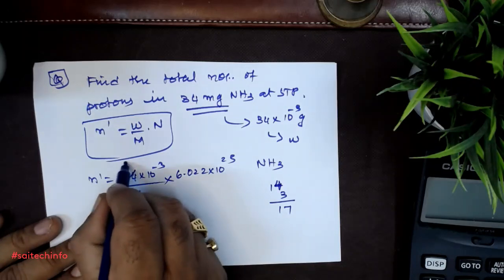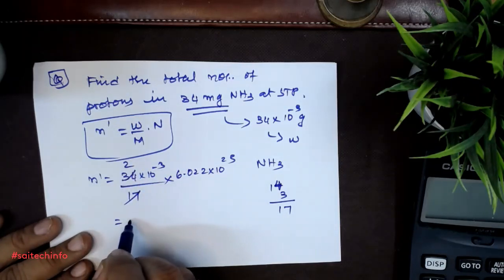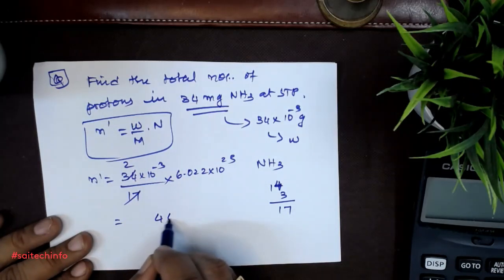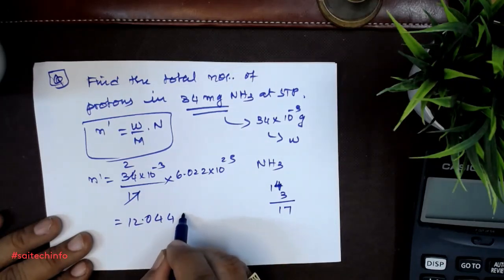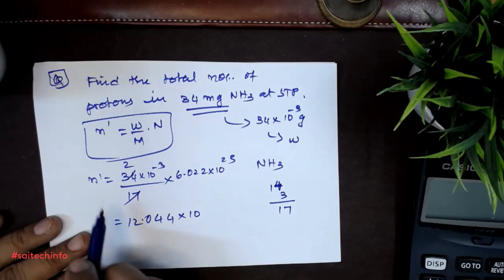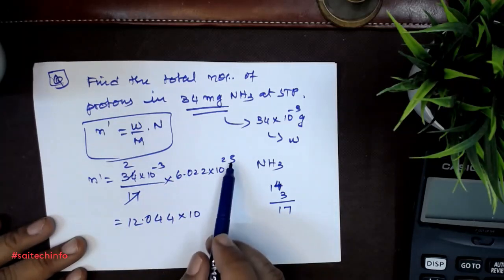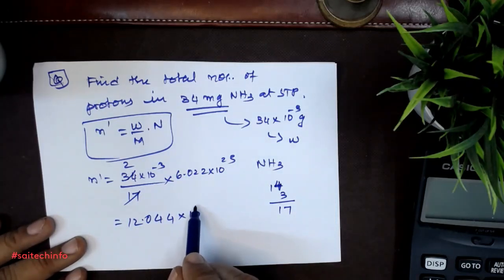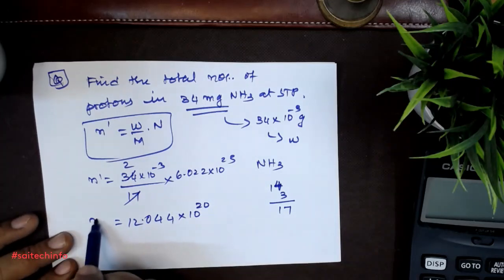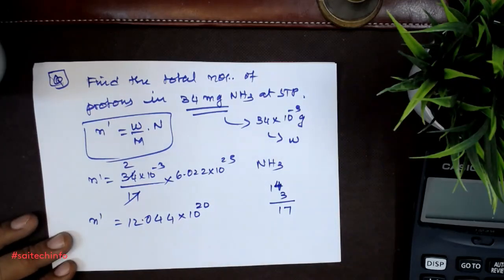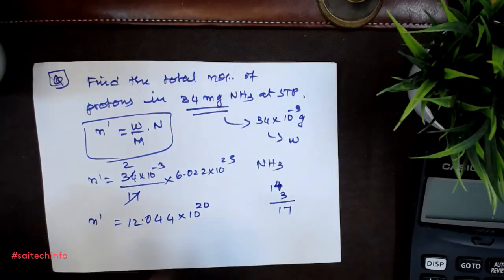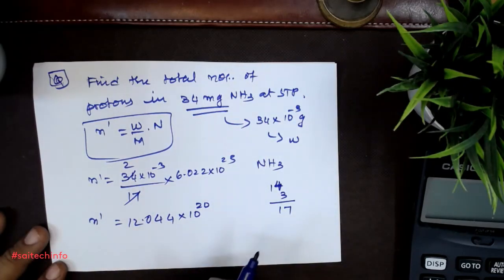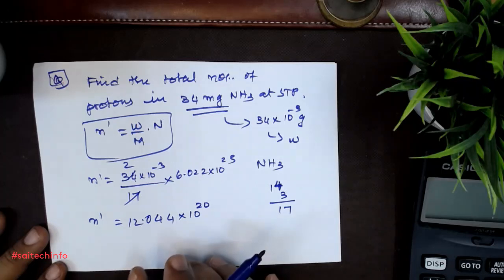So 2 times, 2 2s are 4, that is 1.2044 into 10 power 21. So this is the number of molecules present in 34 milligram of ammonia. First we have to calculate the moles, right? And let us proceed.